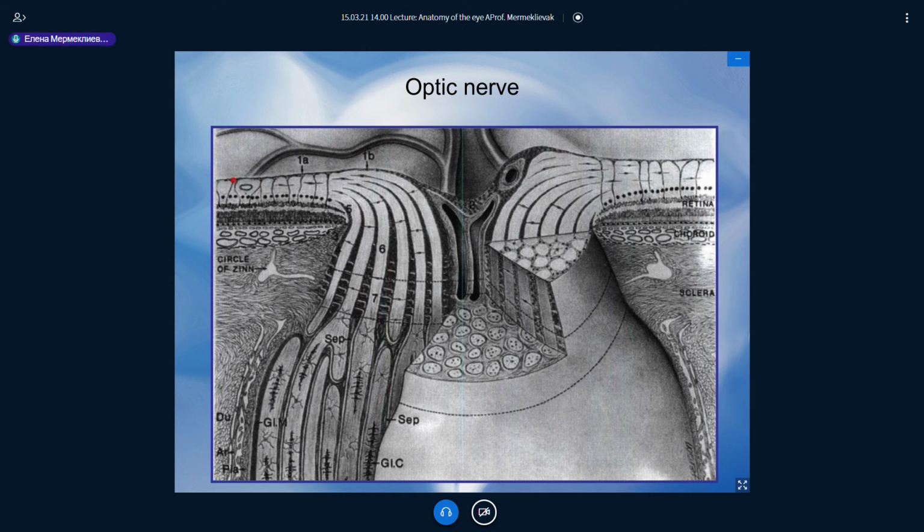So the axons of the ganglion cells form the optic nerve. This is the disc of the optic nerve that we can see when we do ophthalmoscopy, and after that they go outside the eyeball and form the orbital part of the optic nerve.